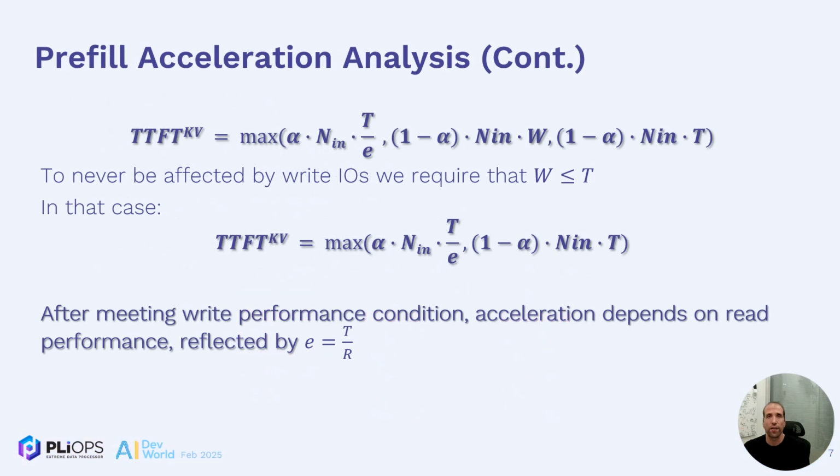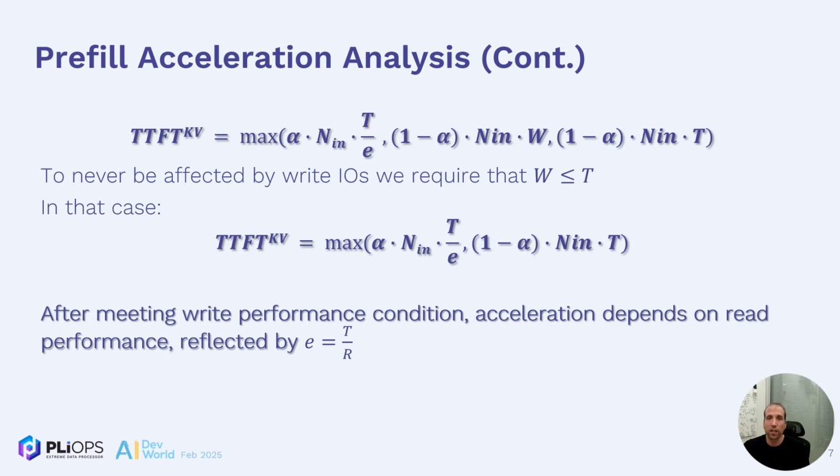And now, in the original equation, there are three potential bottlenecks: retrieve time, write time, and compute time. But can we eliminate one of those? If you look at those two expressions, you see that to ensure that write I/O never becomes the bottleneck, we impose a simple requirement: W needs to be at least as large as T. This means that the time to write a single token's KV cache must be no greater than the time it takes to compute the token.